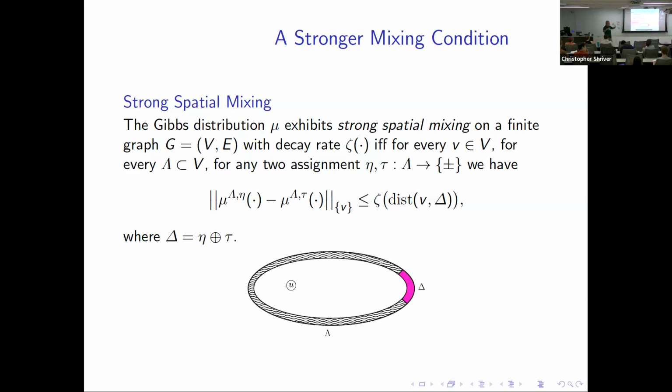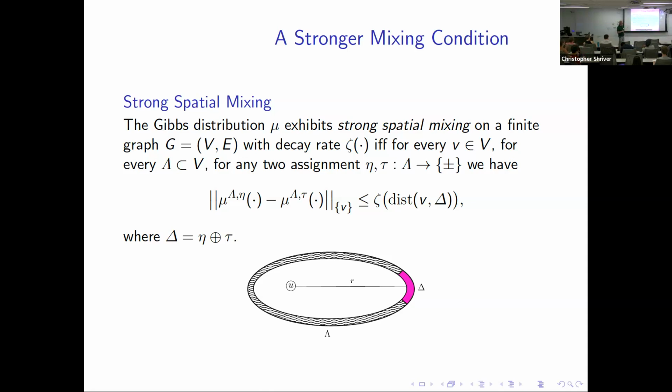And we compare them again in terms of total variation distance, but we say that the Gibbs distribution mu exhibits strong spatial mixing with decay rate Z when the total variation distance is at most Z, not of the distance of V from the set lambda, but the distance of V from the subset of lambda where the two configurations are different, right?